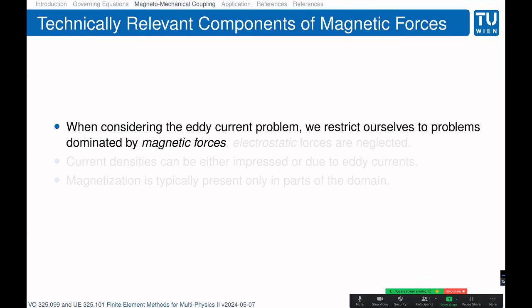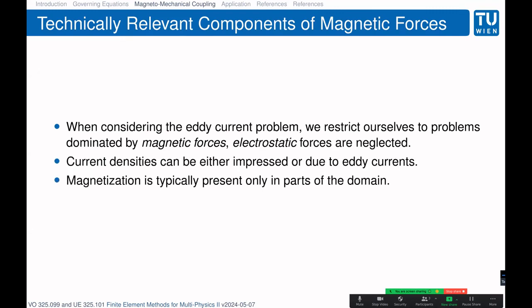Okay, now we've seen there are a lot of components to the Lorentz force. Not all of them are typically technically relevant. So we now restrict ourselves to magnetic forces that are often relevant. Typically, we have electric problems, but all the electrostatic parts we neglect in this framework.